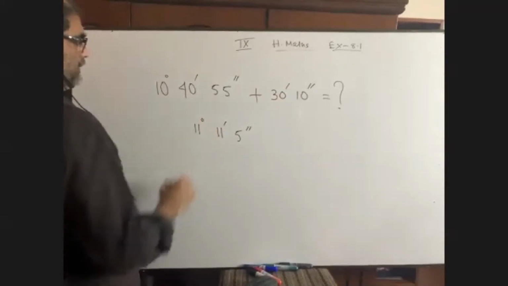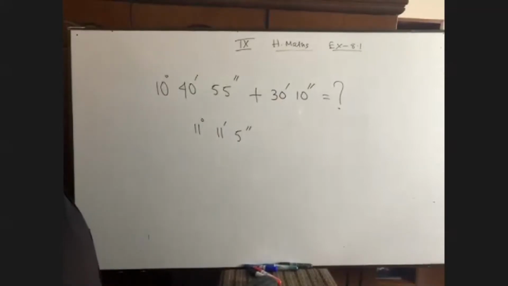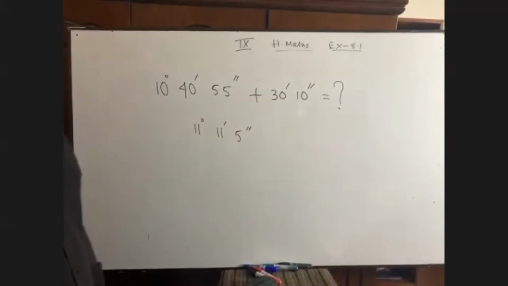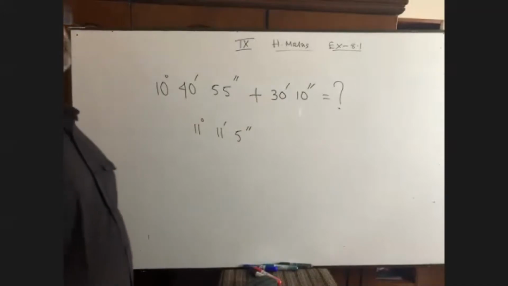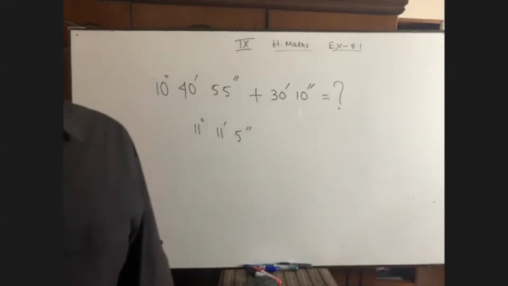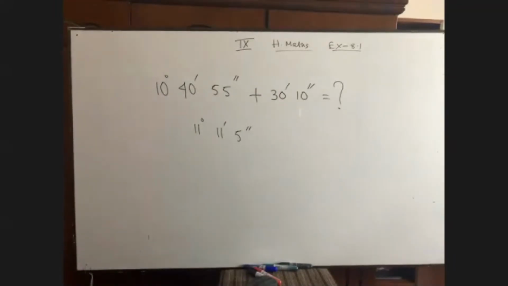Is it? Can you please operate your calculator? When you do it, you will consider it here as 0 degree. You have to write here 0 degree. Yes, sir. Now it's okay, sir. 11 degree. Is it?